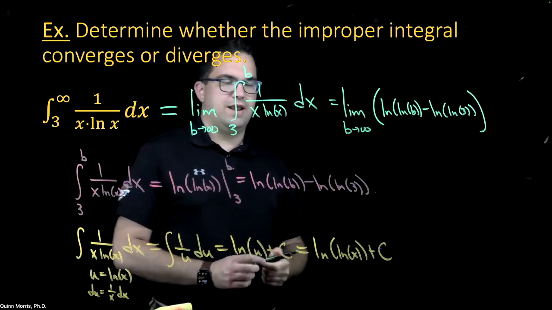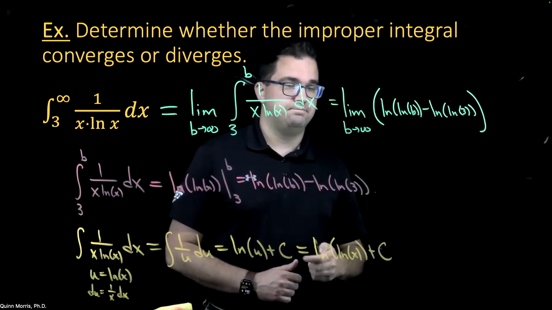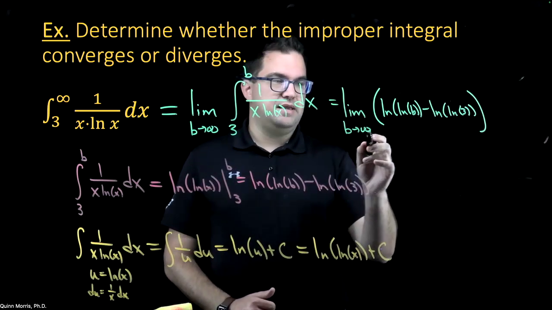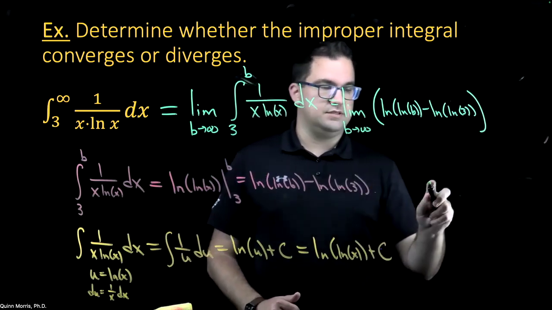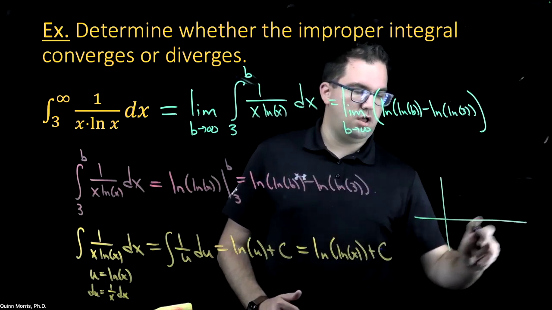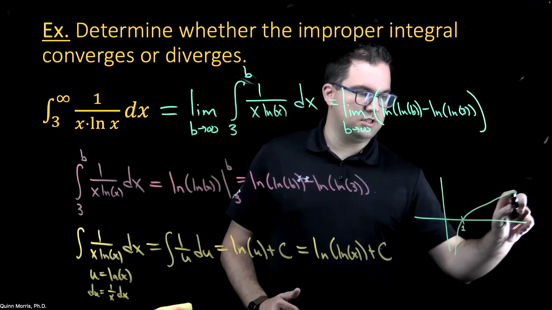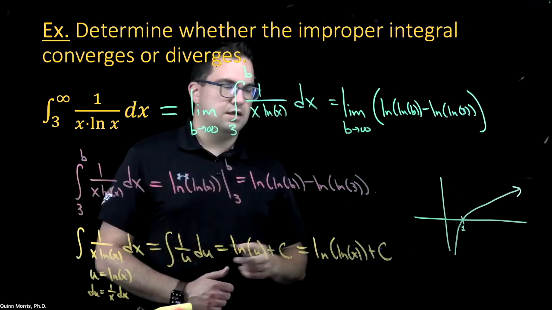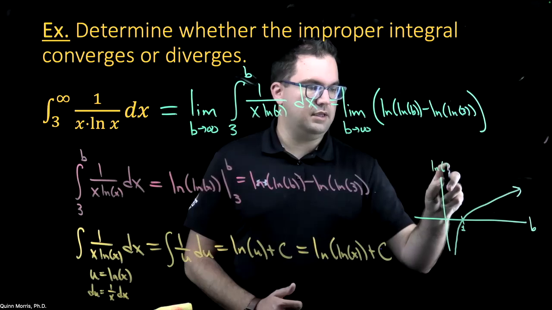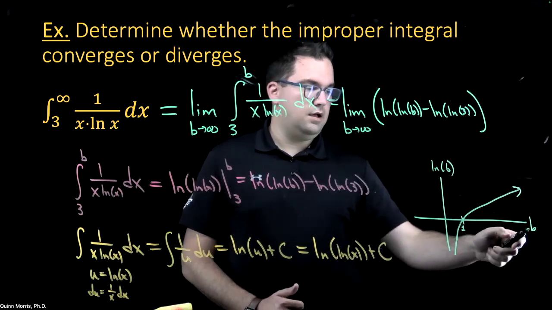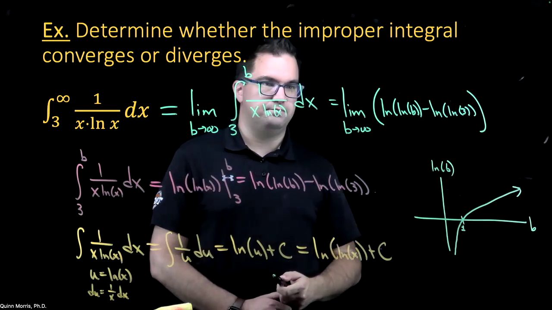So really what I need to look at is this term. And I need to ask myself what happens to natural log of b as b goes off to infinity. So as b goes to infinity, natural log of b also goes to infinity. If we just think about the graph of natural log, my graph of natural log looks like this. And if I think of this as b versus natural log of b, as b goes to infinity, natural log of b is also going to infinity.